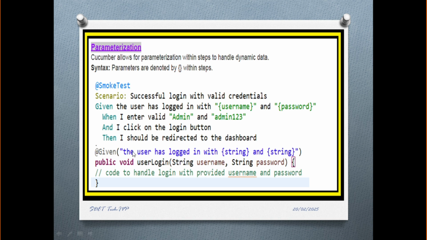Here, the user has logged in with a string, this username and this password. In the programming language it will be considered a string, it's not directly used as a password or username. You have to use string username and password, then write your code to handle the specific situation. So parameterization allows you to handle a dynamic set of data within the steps.